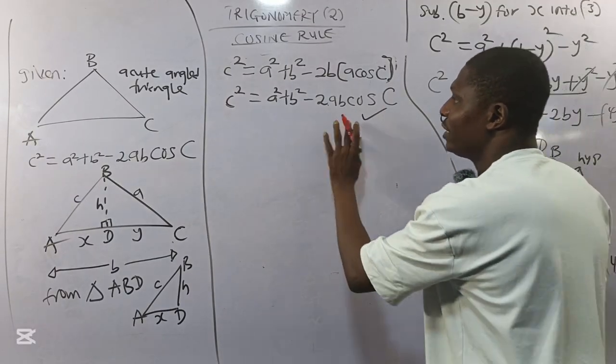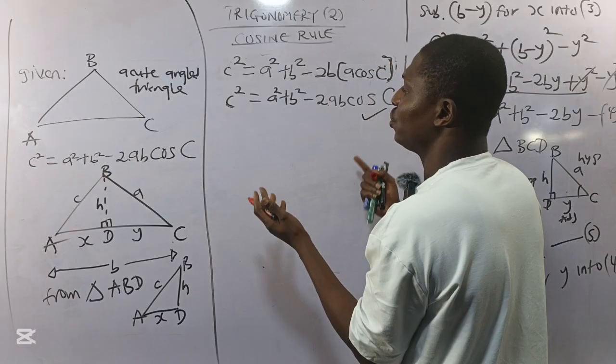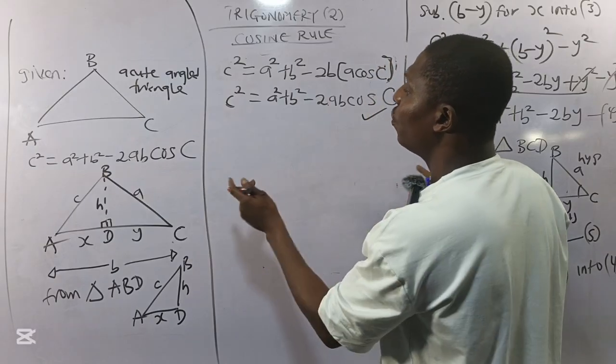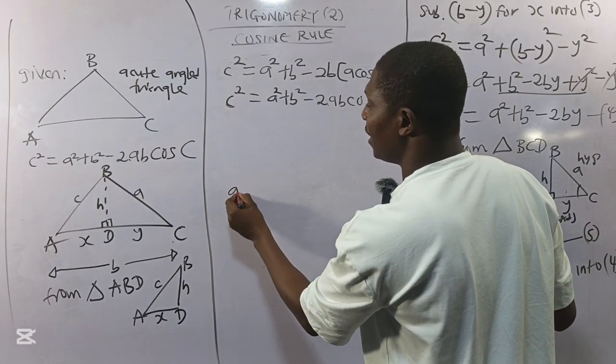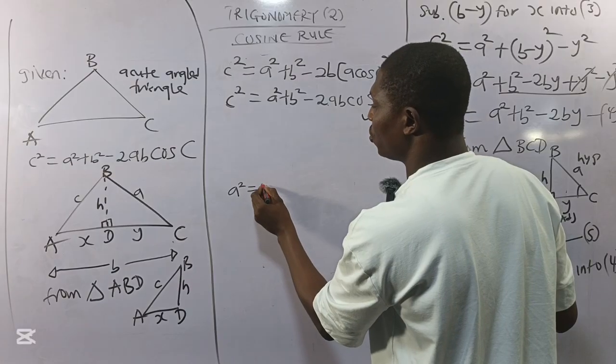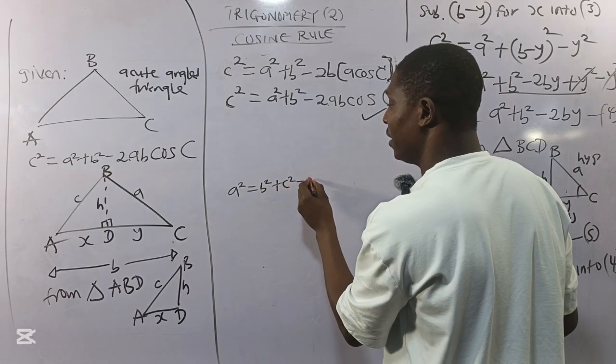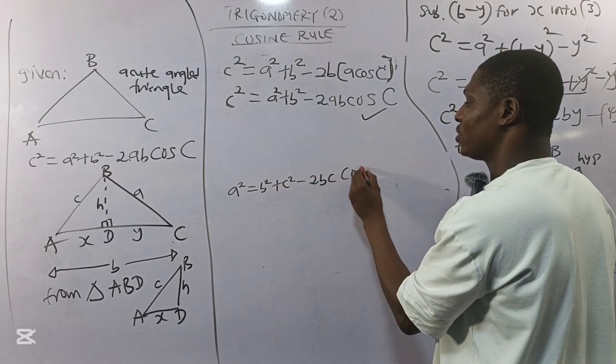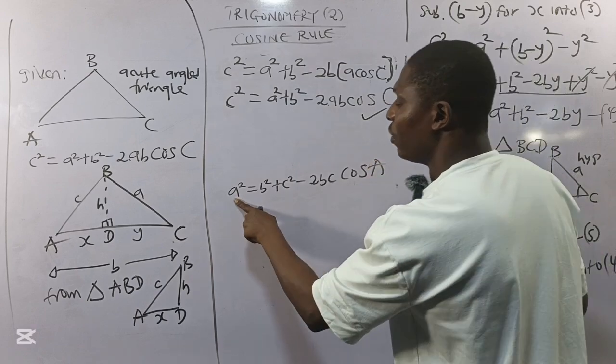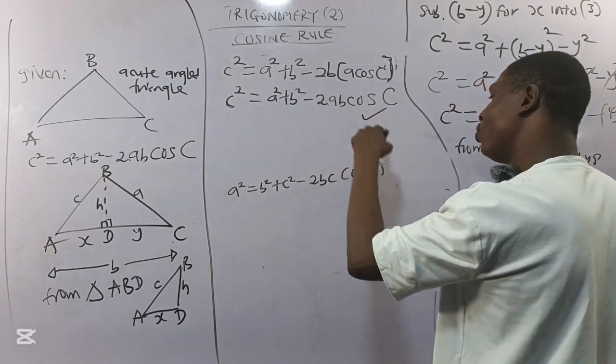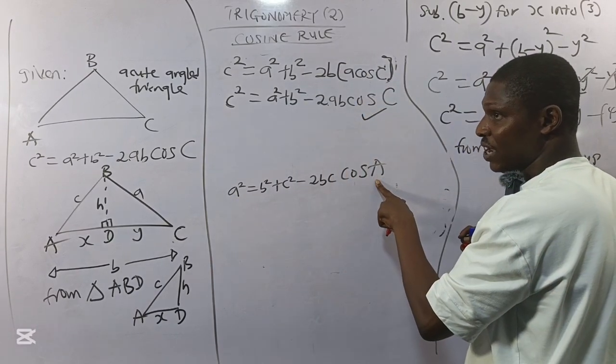Also, with this, we can also get the two others, which are A squared equals B squared plus C squared minus 2BC cos capital letter A. Remember, the side here follows the angle that we are going to have here.